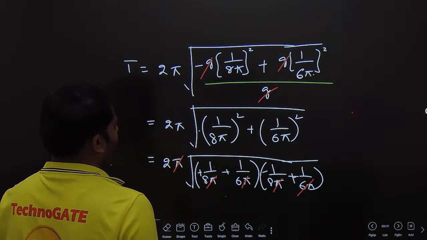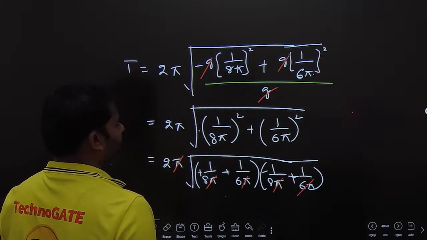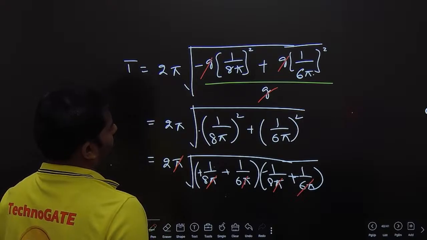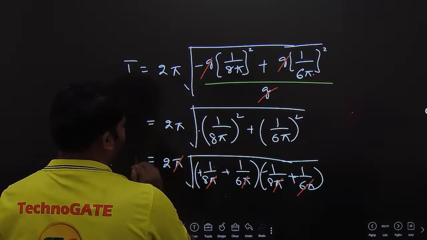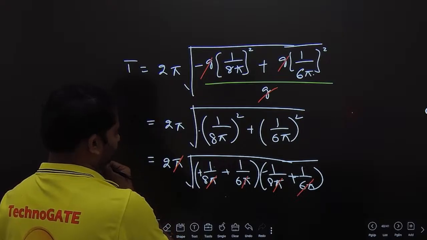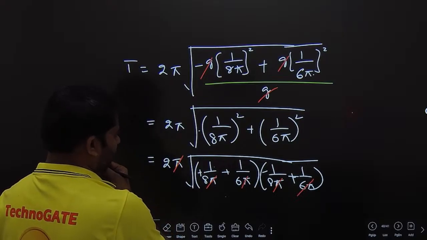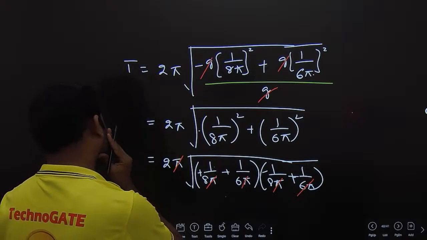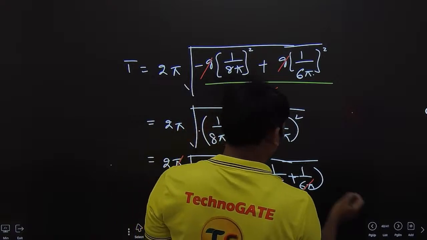G anyways cancels out. We have this 1 by 8 pi whole square. Here we have a negative sign. 1 by 6 pi whole square minus 1 by 8 pi whole square. A square minus B square, so addition of both and subtraction of both. This is the one. So we have 2 pi.